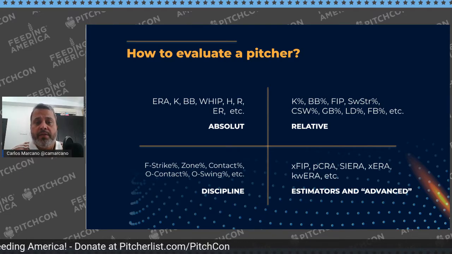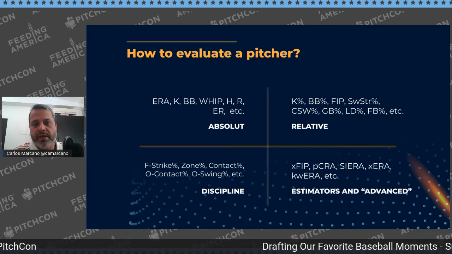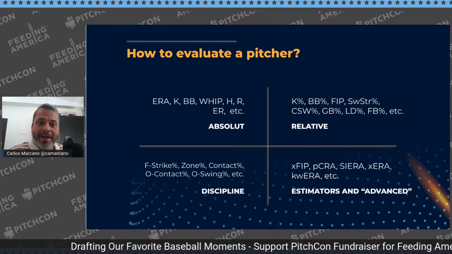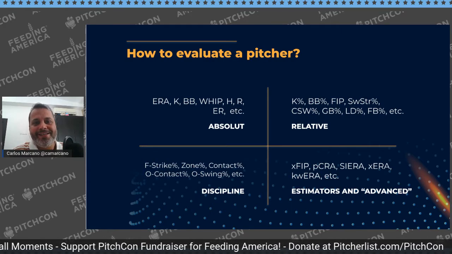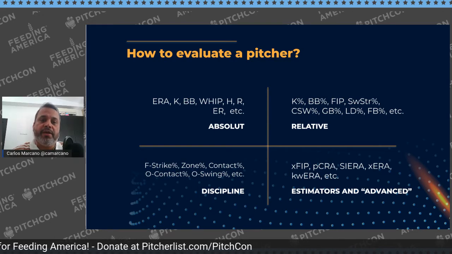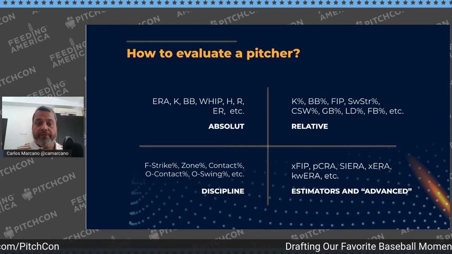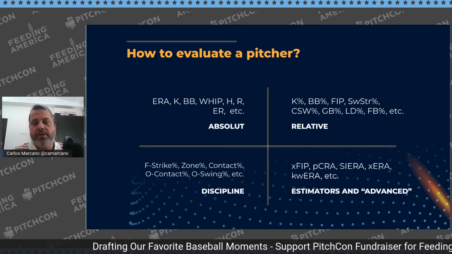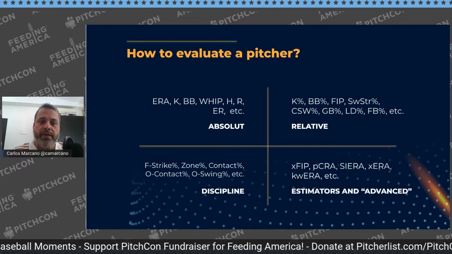We have the relative, because they are based on ratios, like K percentage, BB percentage, all the way to the almighty CSW percentage. All hail CSW percentage. And things that we are able to get now, like ground ball and line drive rates. We also have the discipline stats, first strike percentage, zone percentage, and the like, that we have available from later years on.